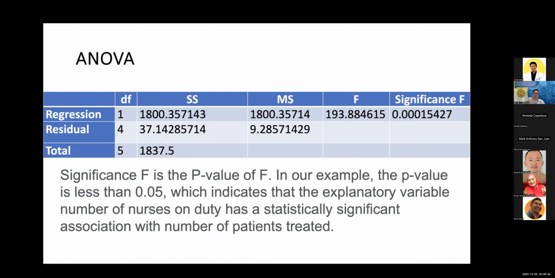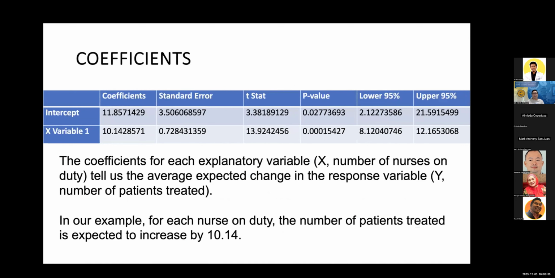So to confirm more, you take a look at the coefficient levels. So what is important in the coefficient levels? Dito naman sa coefficient level natin, familiar kayo siguro dun sa value na 10.14 because we already calculated this manually earlier. So ito rin yung value ng B1, I think, if I'm not mistaken.